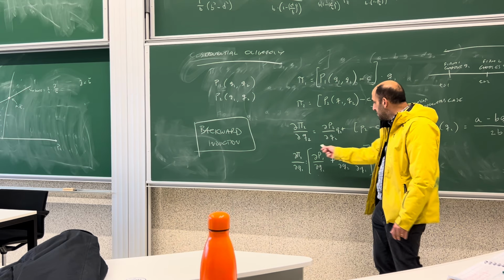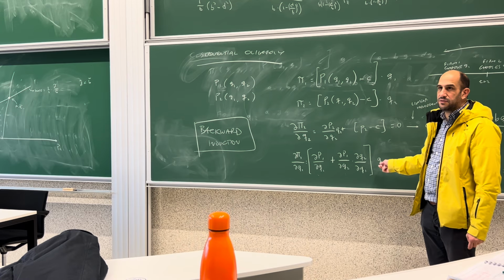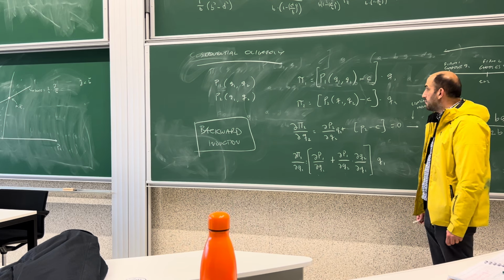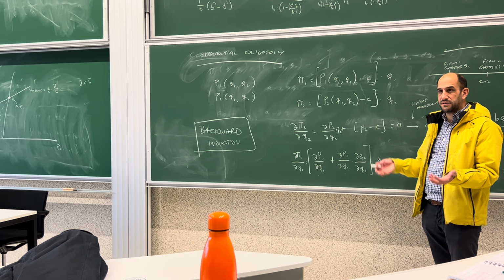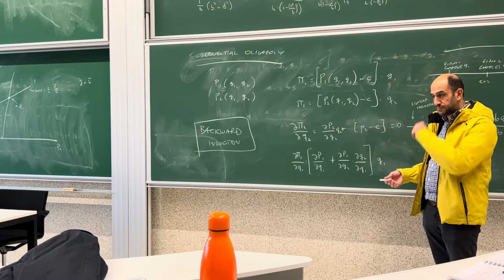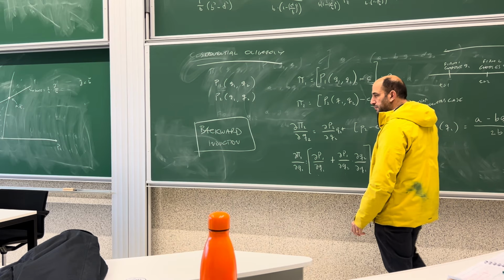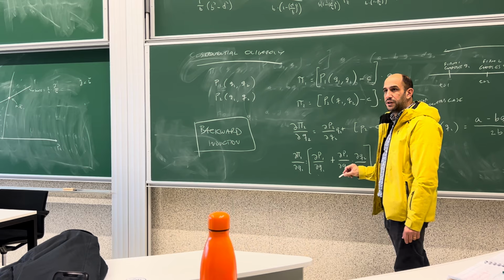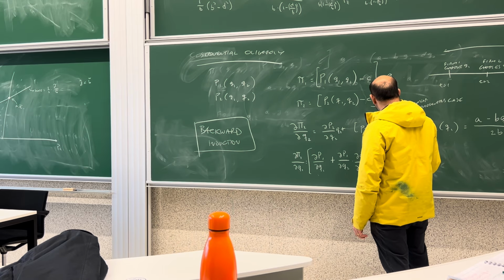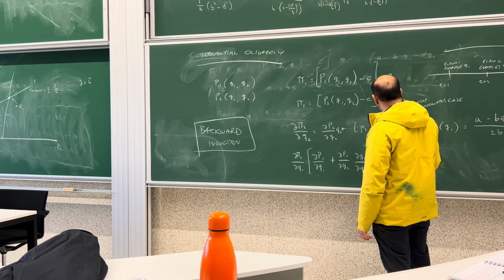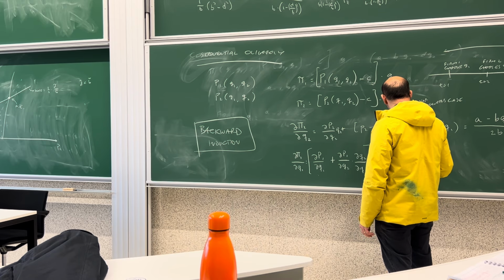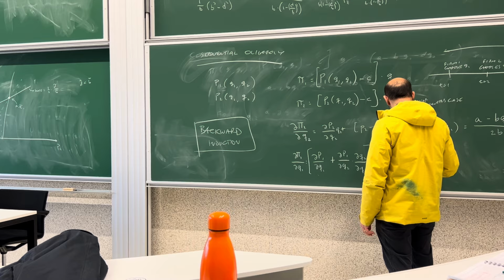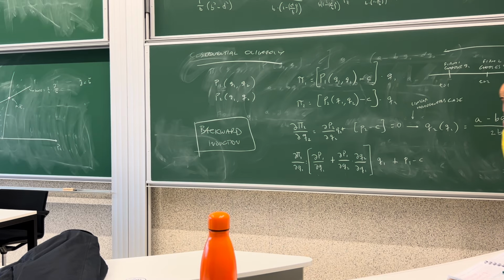So this is the change in the price, and I have to multiply that times the number of units that I'm selling, right? That's how my profits are going to change. Change in the price times number of units, marginal revenue of changing my quantity, and plus P1 minus C. Okay?